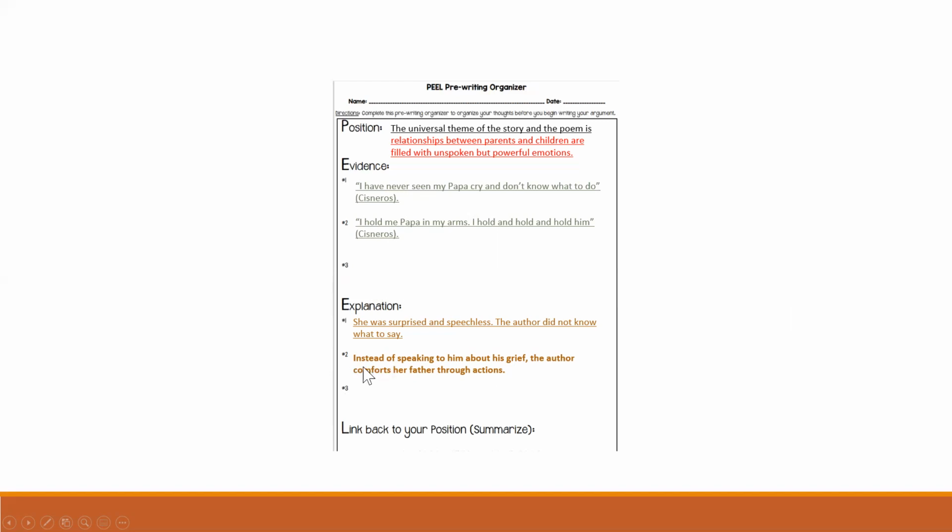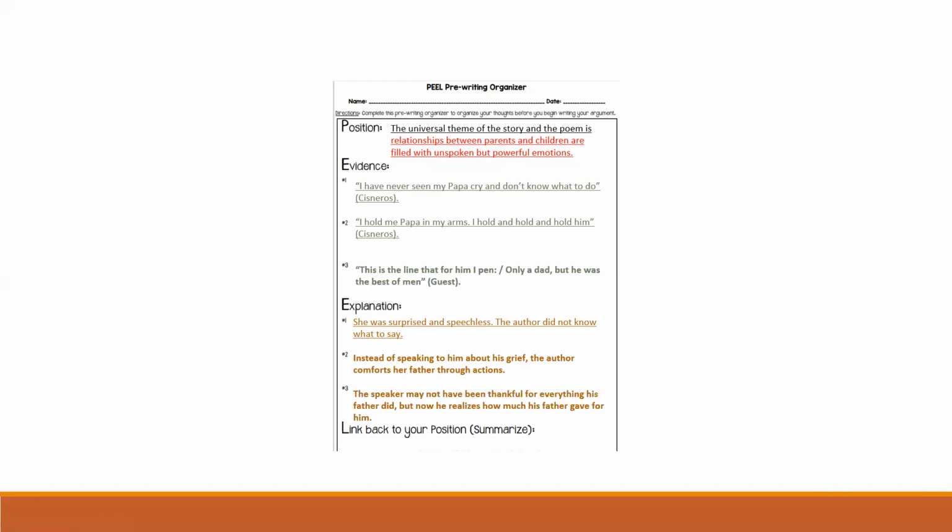So the explanation I gave was, instead of speaking to him about his grief, the author comforts her father through actions. That is an explanation of the unspoken but powerful emotions. There's no words being said, there's just actions. And obviously, if a child is holding the parent, there's going to be some pretty strong emotions going on there. So that's something to keep in mind.